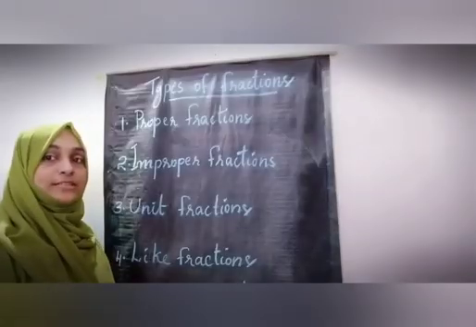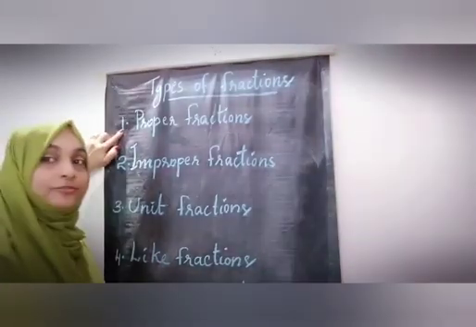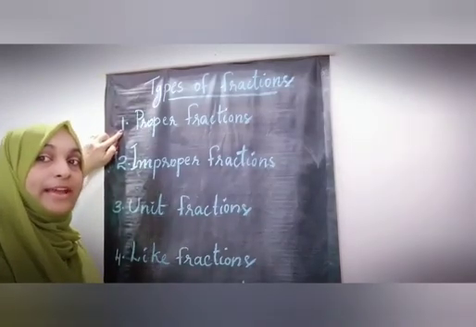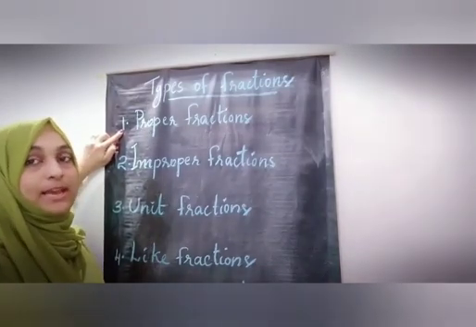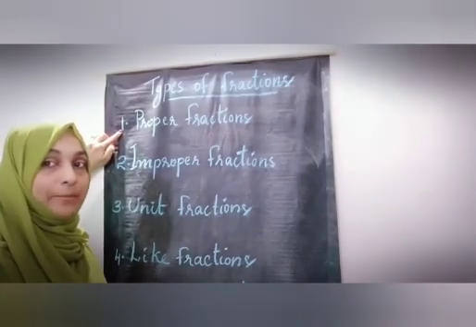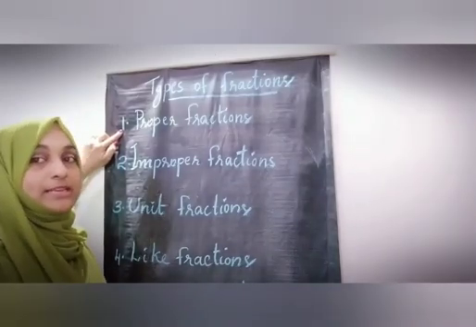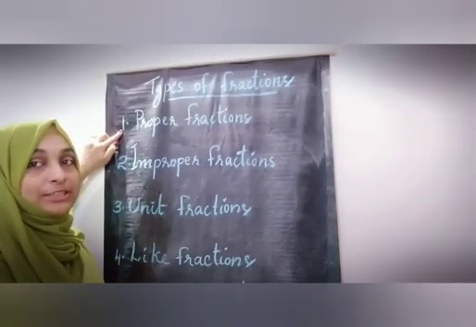The first type is proper fractions. You know, fractions have two parts, a numerator and a denominator. The numerator is the number above the fraction bar and the denominator is the number below the fraction bar.